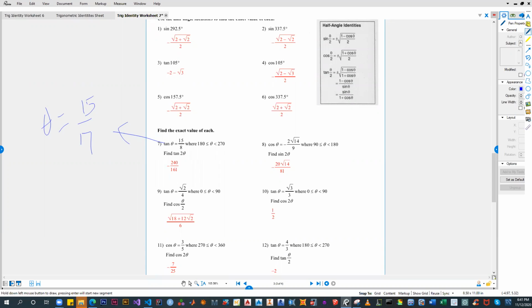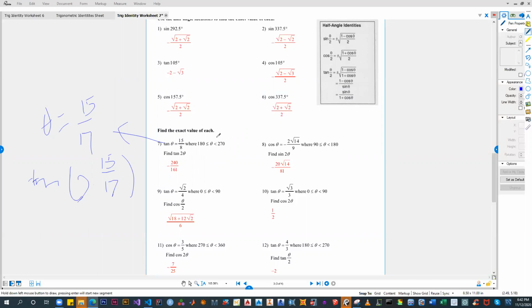And then 2 times 15 over 17. Apply the formula.